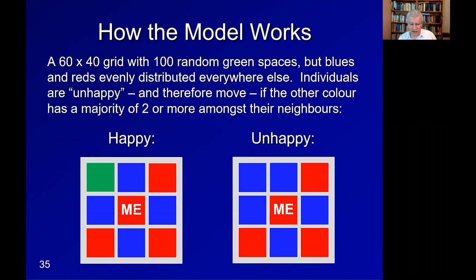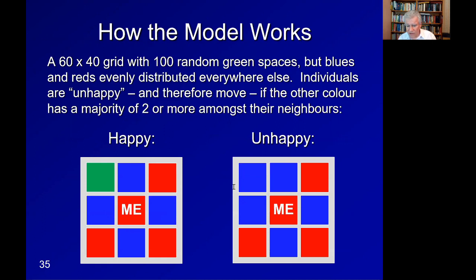But what you can see here is that in this situation where I have 4 blue neighbors and 3 red neighbors, I'm perfectly happy. That's fine. So I'm not a virulent anti-blue. I just have a mild preference for reds.